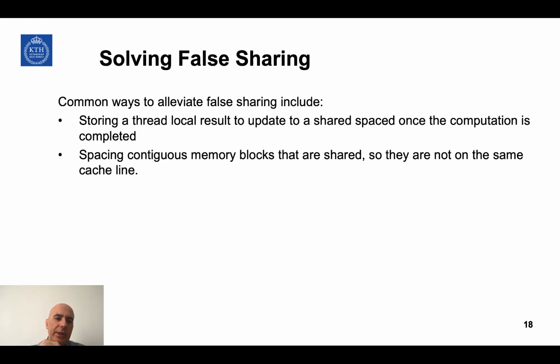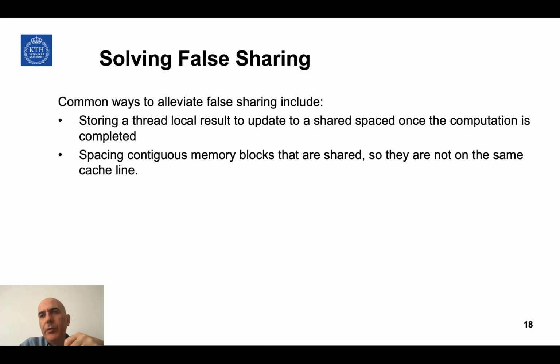Another way is to use padding. That means spacing contiguous shared memory blocks so they are not on the same cache line, right? So we add some padding to our arrays, including MaxVal and MaxLoc, so that we enforce using a whole cache line.